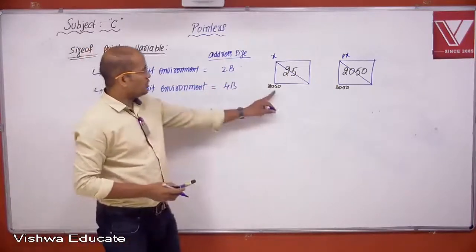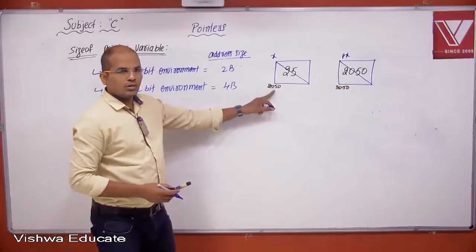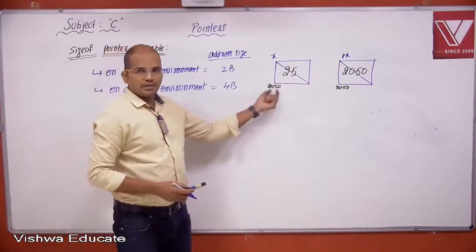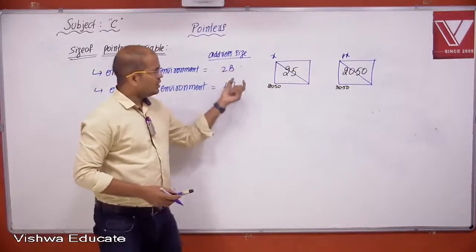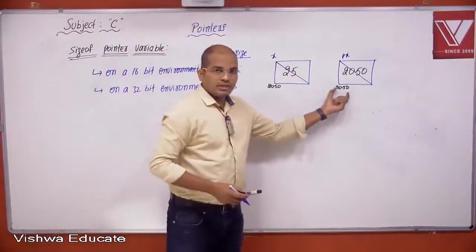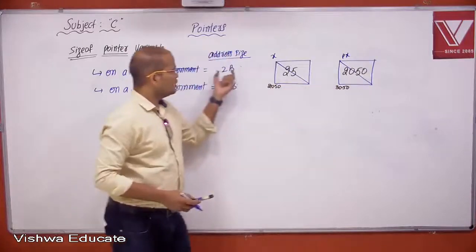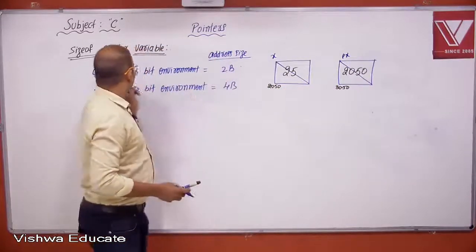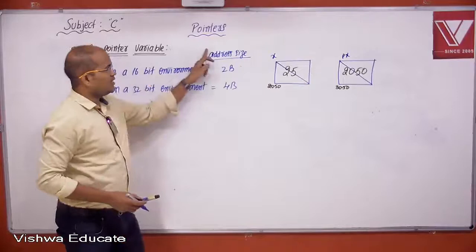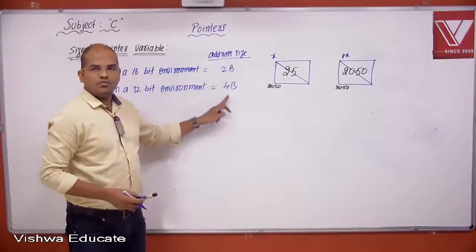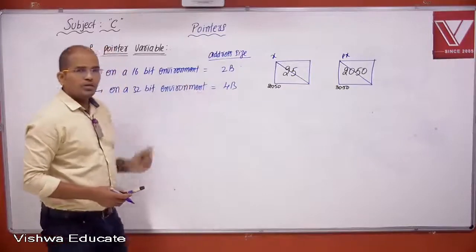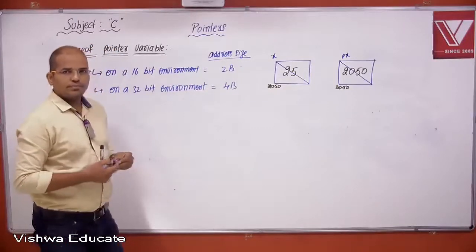So 3050 is a 16-bit data. 16-bit is 2 bytes, isn't it? So on a 16-bit environment, address size is 2 bytes. On a 32-bit environment, address size is 4 bytes. So please take this point. We have something to learn.